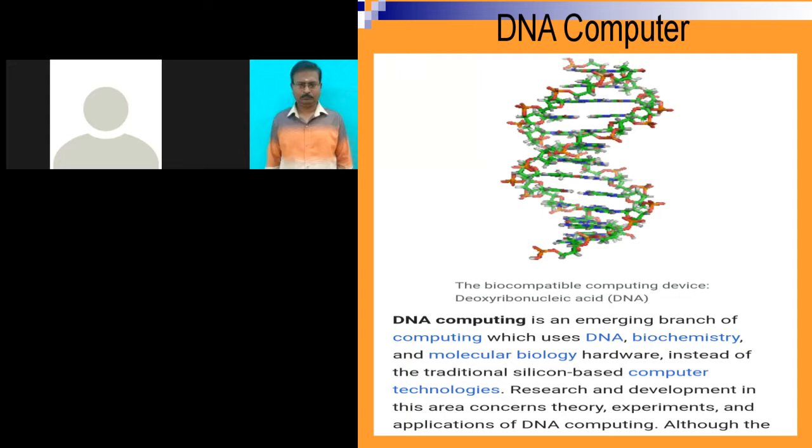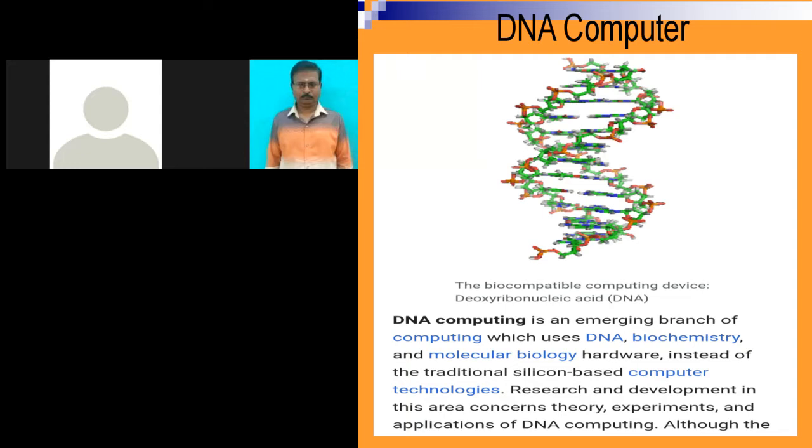So in the DNA computer, DNA computing is done. What is this DNA computing? DNA computing is an emerging branch of computing in the computer science field which uses only DNA molecules, and the concepts of biochemistry and molecular biology are utilized here.